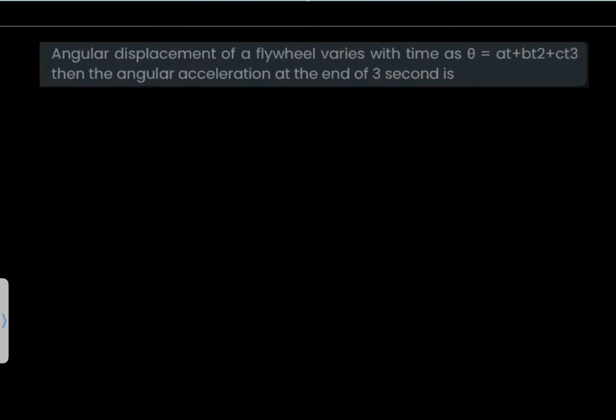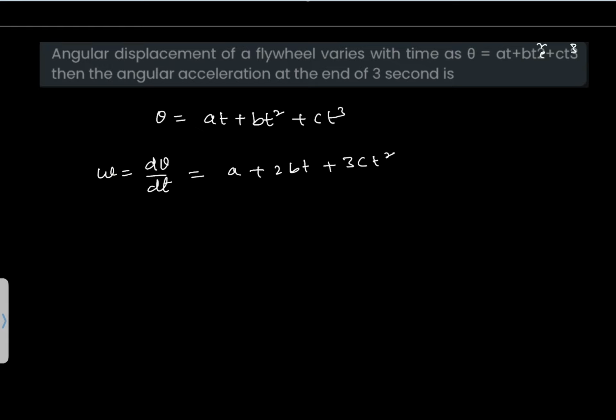So please observe. Again, he has given theta as a function of t. I think he's asking for angular acceleration. We can do it easily. So theta is given, with t square and also t cube. So let's differentiate this, which will provide omega. I'm getting a plus 2bt plus 3ct square.